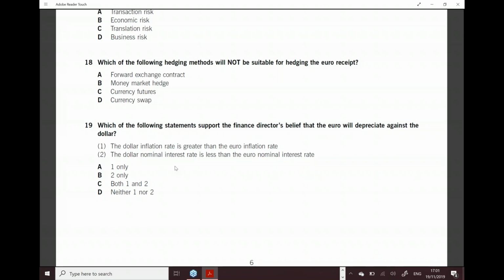If the euro inflation rate is higher, we would actually expect the euro to depreciate. So that statement is out. Number 2 says the dollar nominal interest rate is less. So if the dollar nominal interest rate is less, yes, the euro will depreciate because the dollar should appreciate. So it's answer 2.